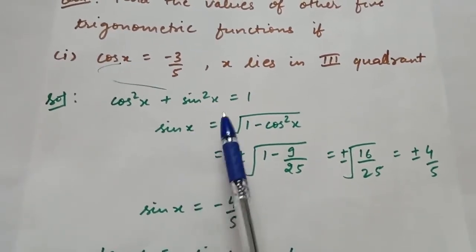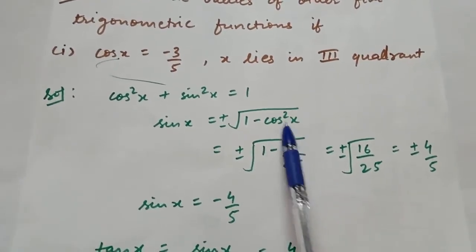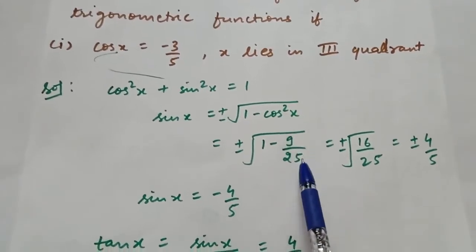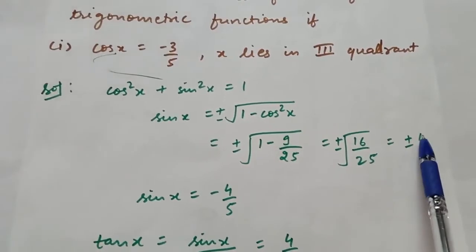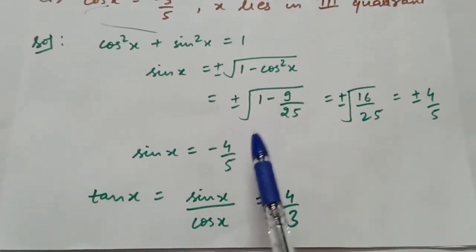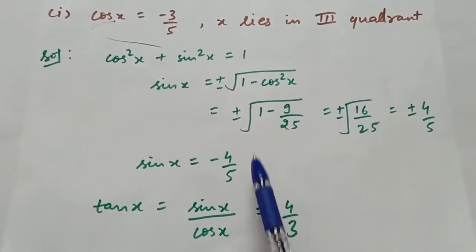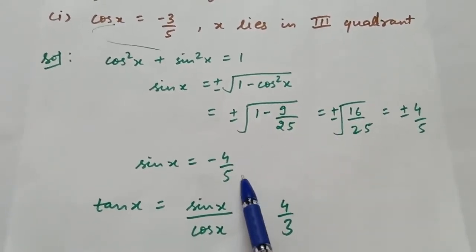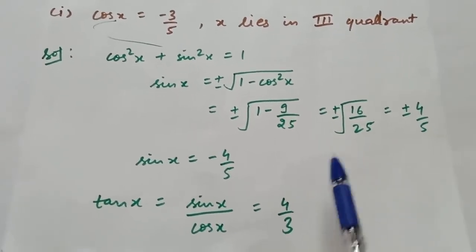So sin x will be plus minus root of 1 minus cos square x. Putting this value of cos x, minus 3 by 5, here, squaring it, so 9 by 25. Now you will get the result as plus minus 4 by 5. But because x lies in third quadrant, sin x will be negative. So we will just take sin x as minus 4 by 5. You can write here in the reason that x lies in third quadrant, right?